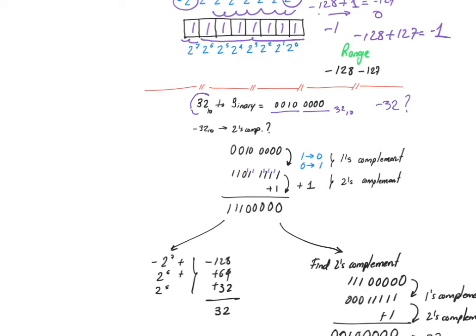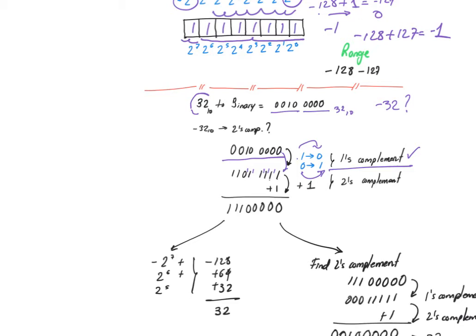The procedure we can do is, first, take the number 32 and find the 1's complement. 1's complement is found by replacing all 1's by a 0 and all 0's by a 1. So in this case, I take 0 and change it into 1, and so on.